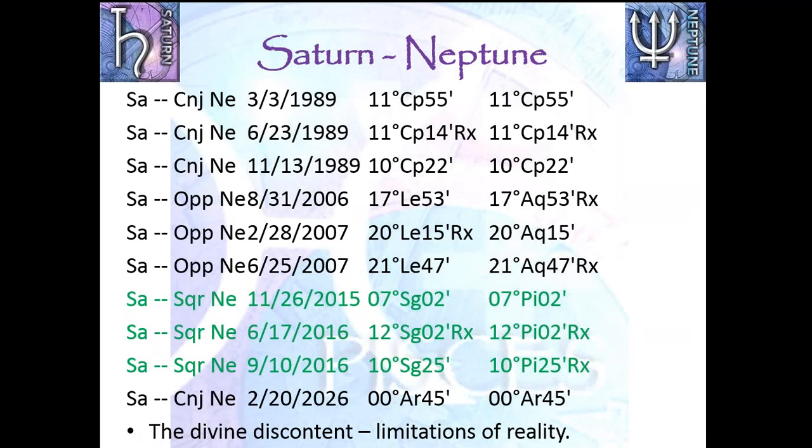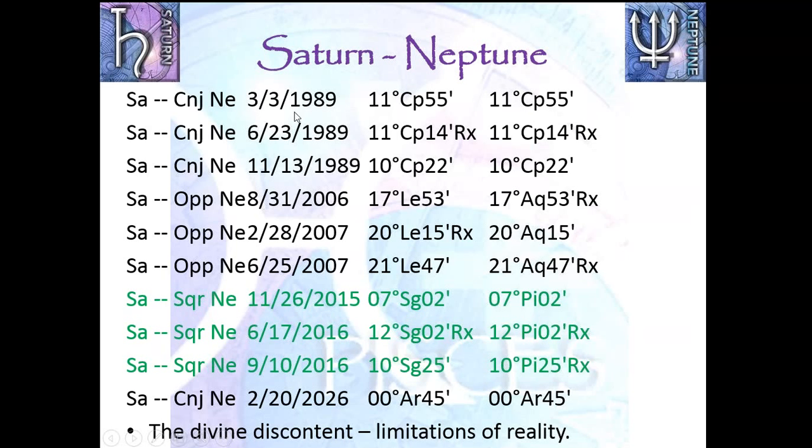And this is really going to be shedding old reality. Jeffrey's keywords for Saturn-Neptune as a planetary pair, the divine disconnect, where form, Saturn, has to surrender to energy, Neptune.